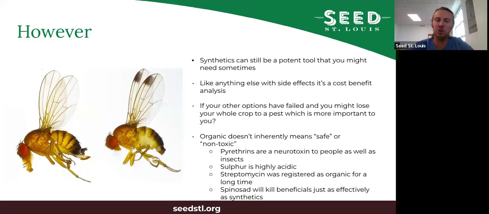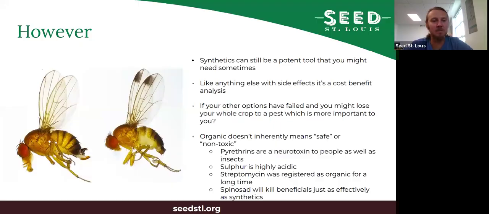It depends on what it is you're losing, what you're worried about, and what you're trying to do. If all your other options have failed, and you might lose your entire crop to a pest, you have to decide which is more important to you: not using that chemical or losing a crop.